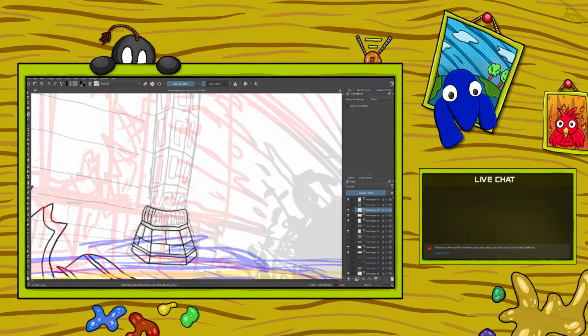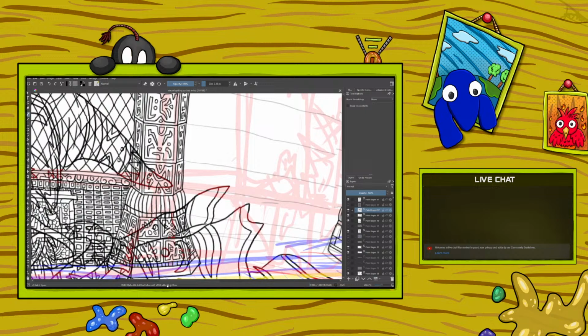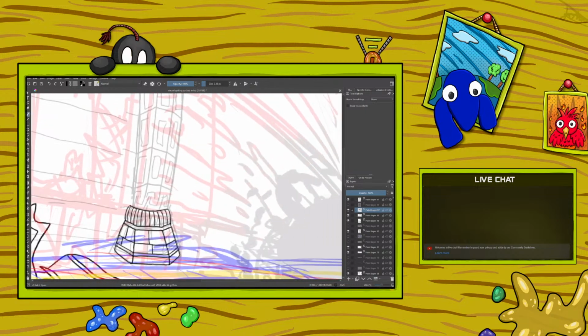Then I need to get this bit right here. Now I need to casually do this, just casually. Taking my time to make sure that the pillar is correct. All right, that's the first bit. Now the second bit.